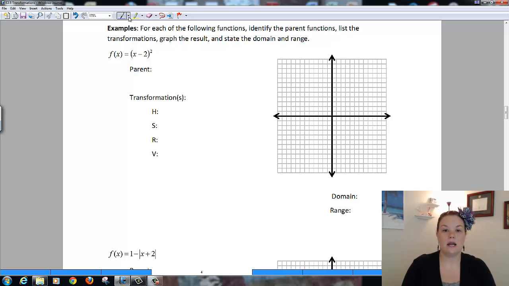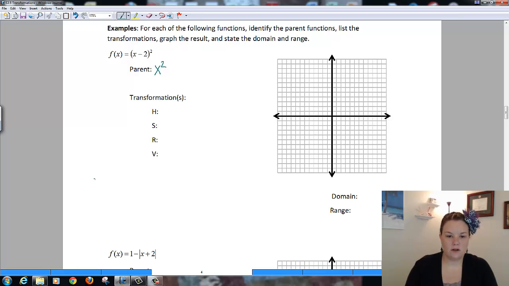All right. So the first thing I need to do is identify the parent function. When I identify the parent function, I'm looking for the most basic form of this function before anything got done to it. So here I notice I have a quantity being squared, which means that my parent function had to have been x squared.